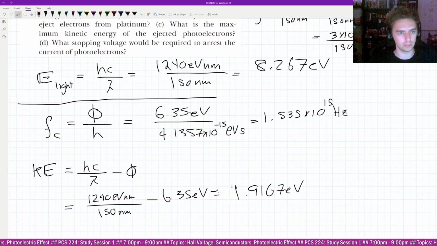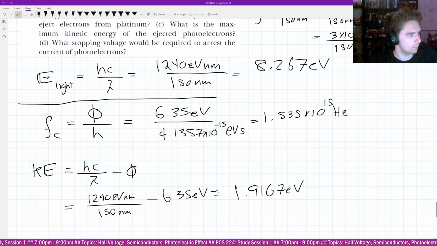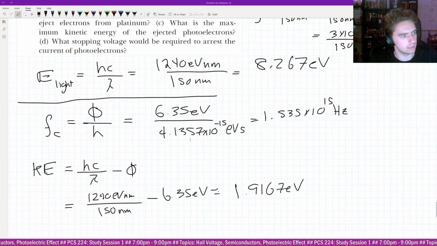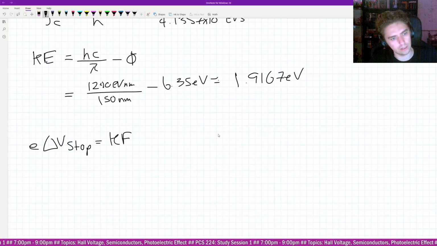What would be the stopping voltage? So we just need to use a formula for this. If I go back up a little bit, where are we? The stopping, there it is. So e delta V stop is equal to the kinetic energy.